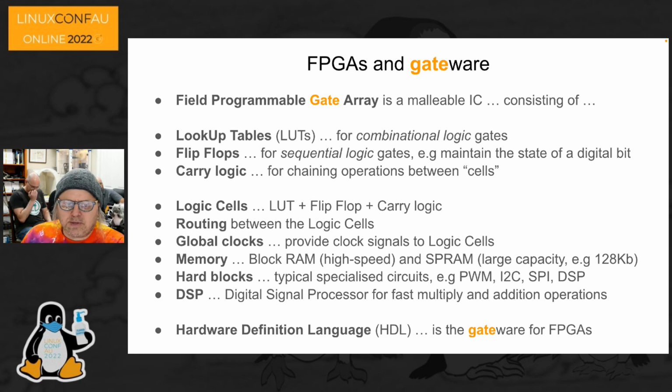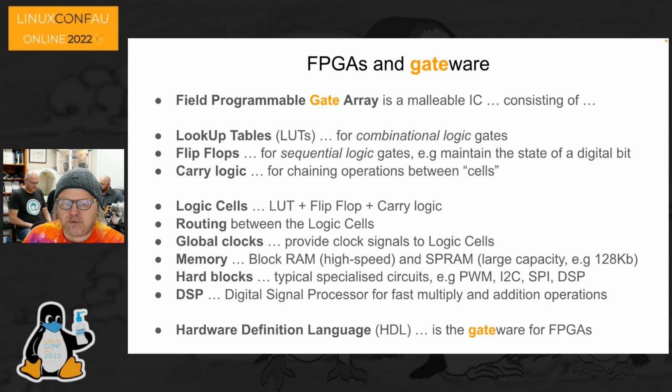So if you want to maintain state and have different results over time, use flip-flops. This is for doing sequential logic, and you can maintain previous state, and as you have new inputs, your output can depend upon a previous state. And the other part we've got in an FPGA is what's called carry logic.